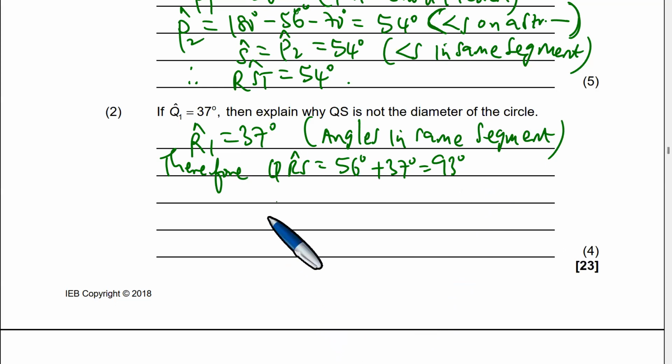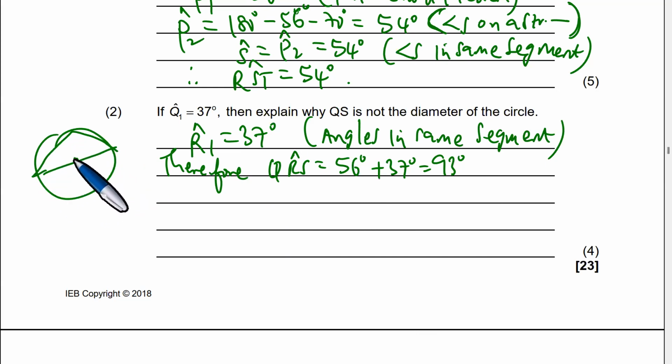But now if it's a diameter, then a diameter subtends an angle of 90 degrees at the circumference of a circle. So if this is a diameter through the center, this angle must be 90, but this one is 93, it's not 90. That's how we write it.